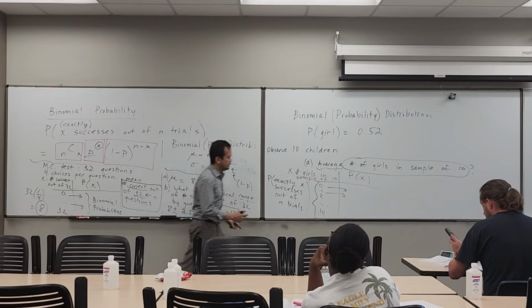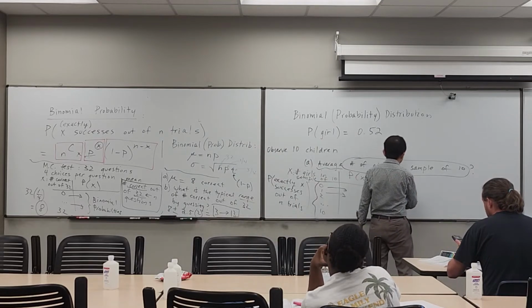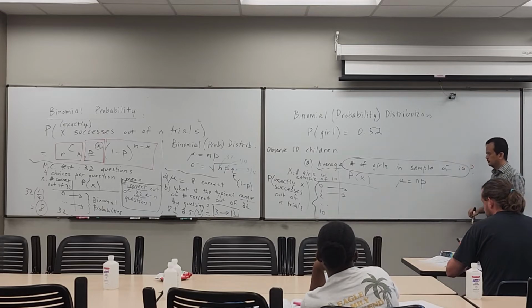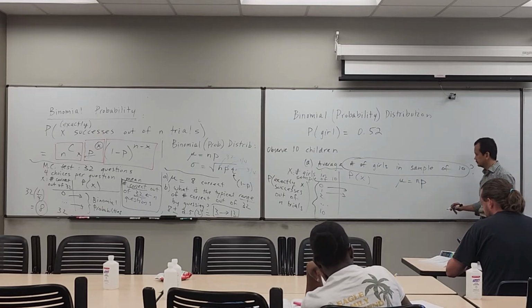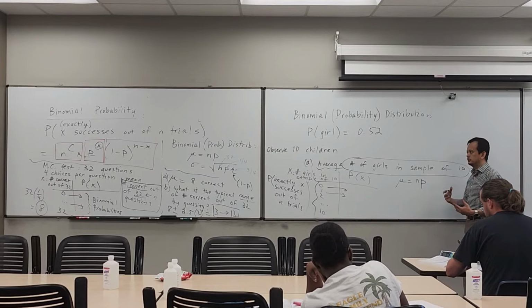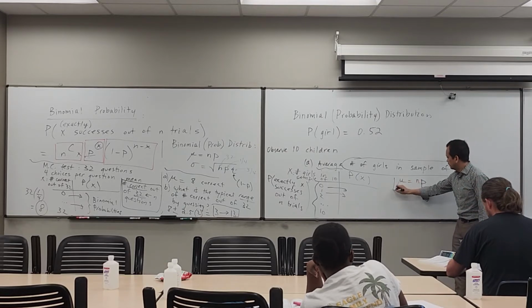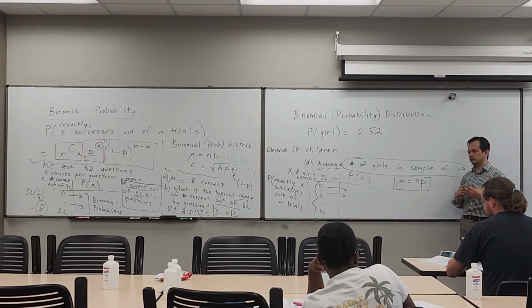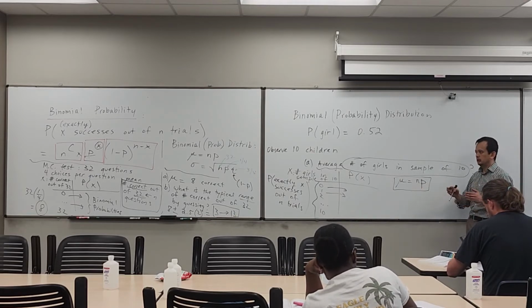And then to find the mean, it's simply n times p. So this is an example where actually getting the answer is easy, but realizing that you need to use this formula is the hard part.